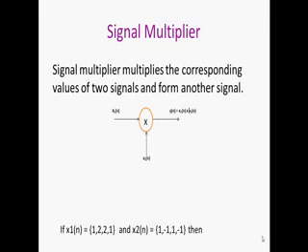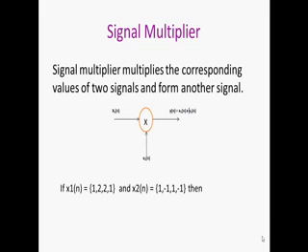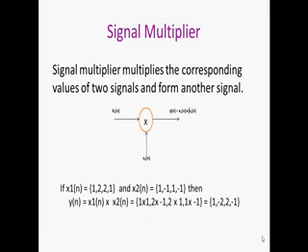For example, if x1 of n is 1, 2, 2, 1 and x2 of n is 1, minus 1, 1, minus 1, then y of n is given as x1 of n into x2 of n. So its corresponding values are multiplied. 1 into 1 is 1, 2 into minus 1 is minus 2, 2 into 1 is 2 and 1 into minus 1 is minus 1.